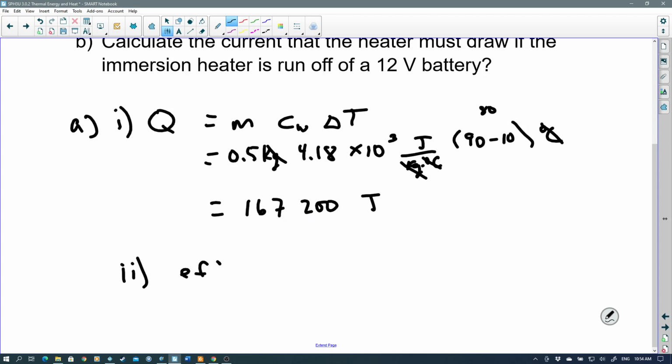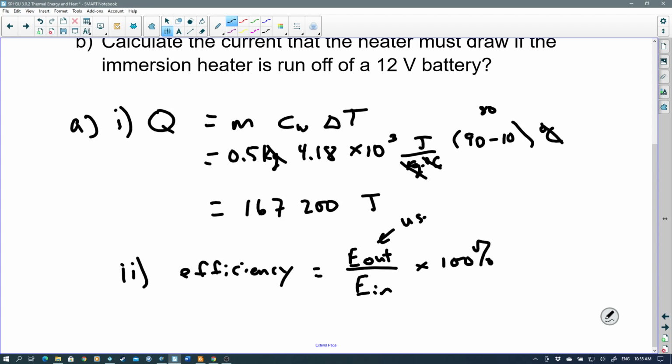The efficiency equation is usually equal to the amount of energy outputted by the system divided by the energy inputted to the system times 100%. Now, the outputted energy is the useful energy, and the inputted energy is the larger amount put in. So you're always going to have a bigger number on the bottom than at the top, okay?